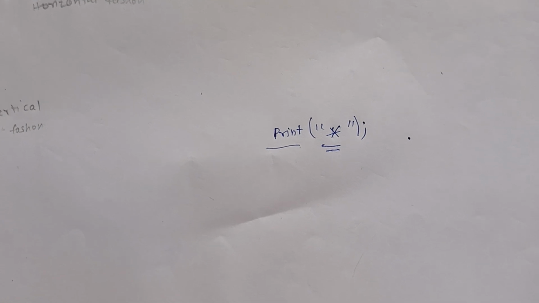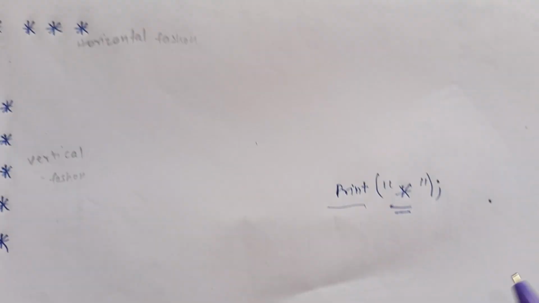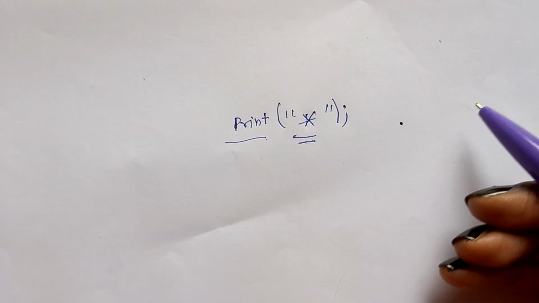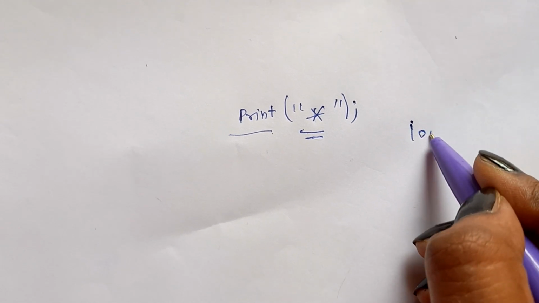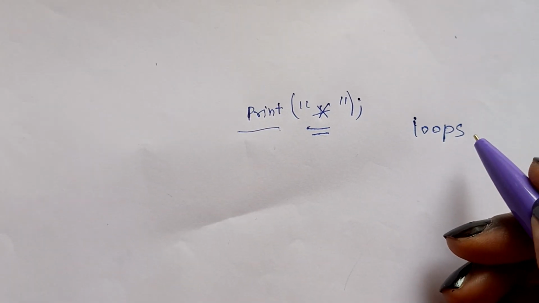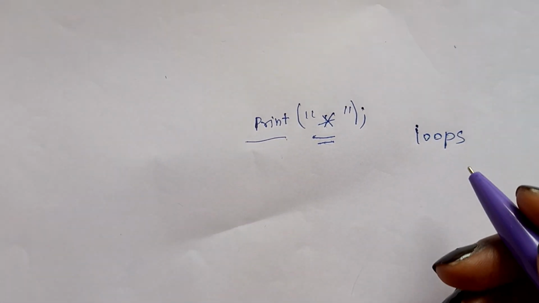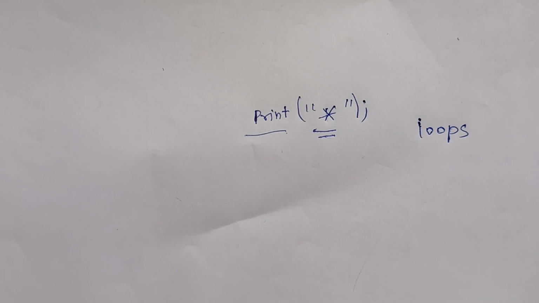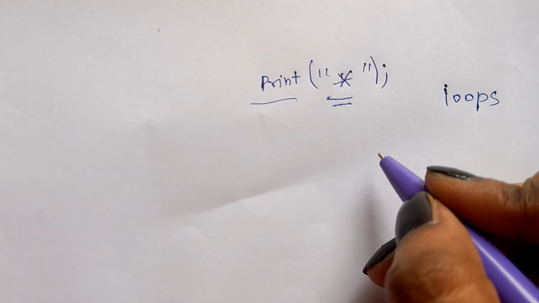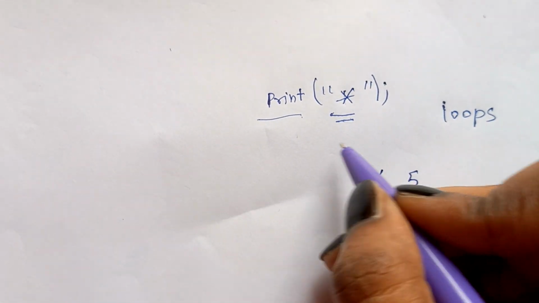So if you want to print like this, you need loops. Loops play a very important role in programming languages. For printing a star 5 times, we would have to write print 5 times.